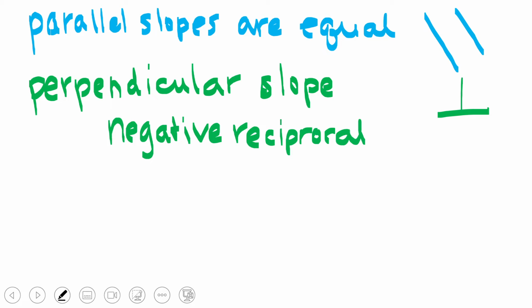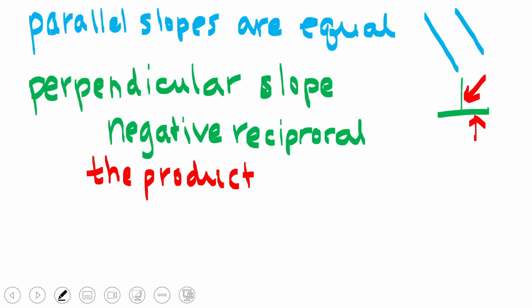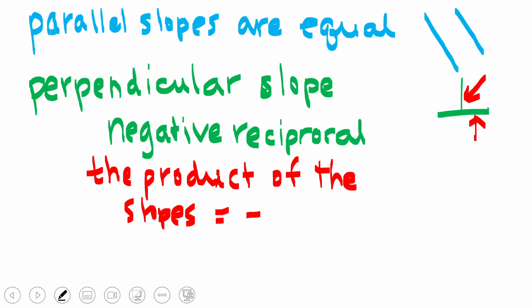When the slopes of the two lines, this one and this one, are multiplied together, we have the product of their slopes, and it's going to equal negative 1.